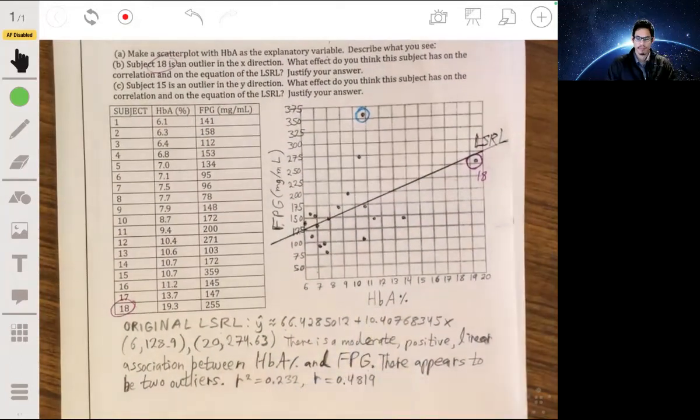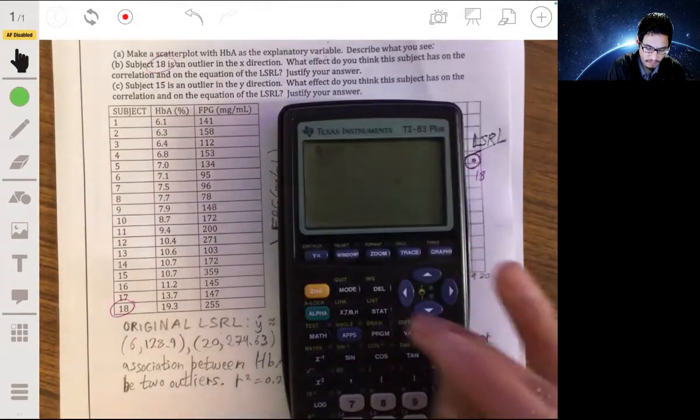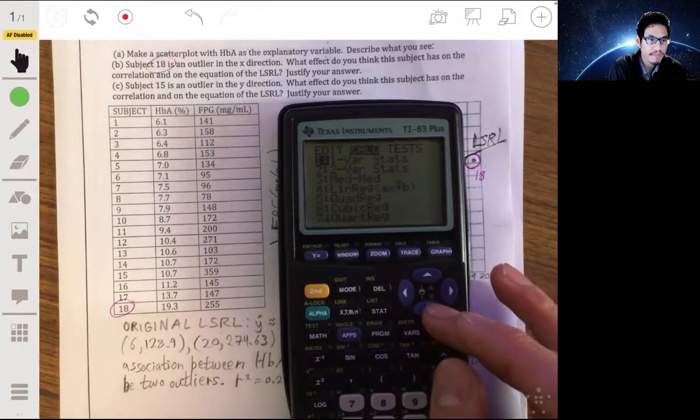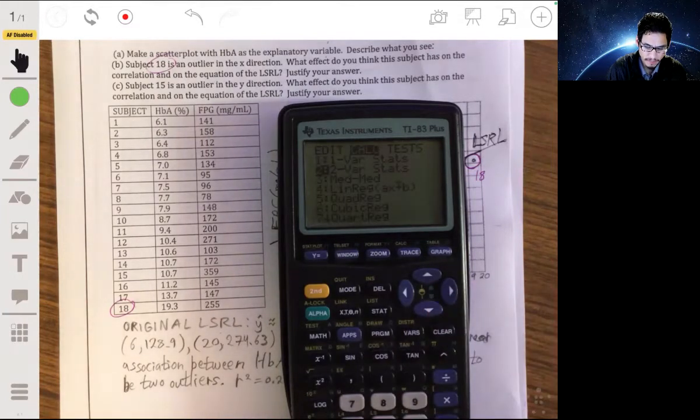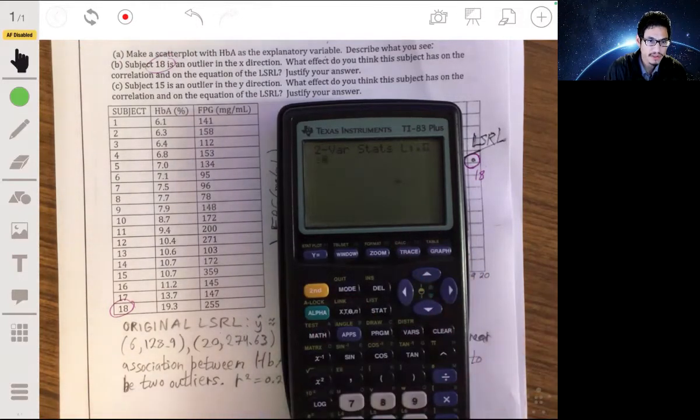To give you some intuition on how this works, we're going to calculate the mean of X and Y. I'm going to explain why in a minute. Let's go to our calculator: Calc, 2-variable statistics, L1 versus L2.